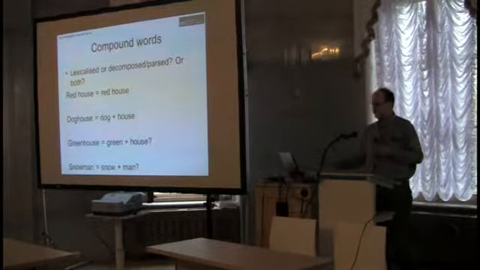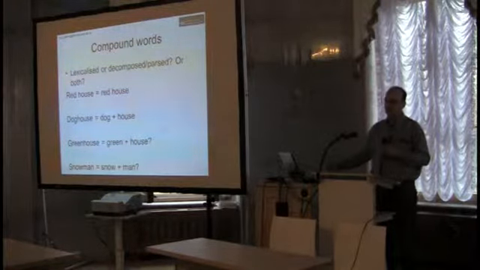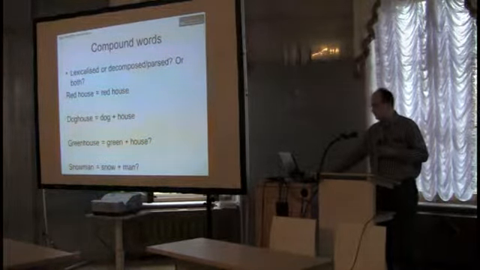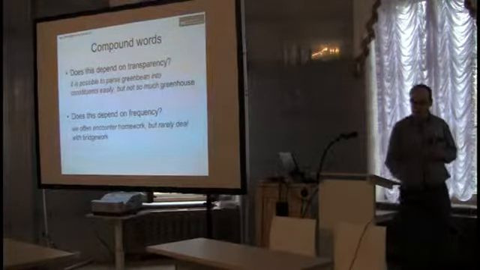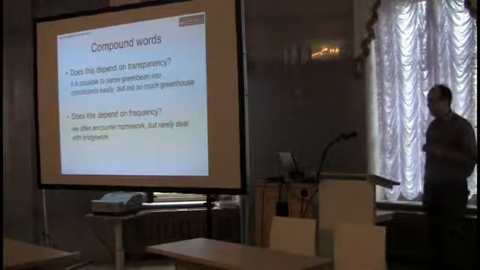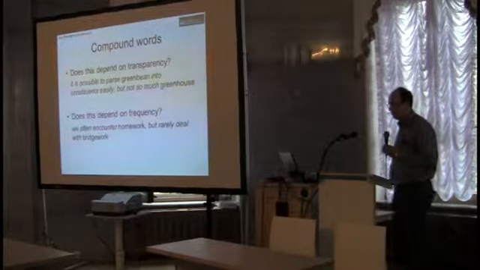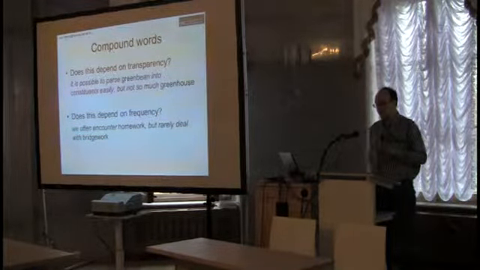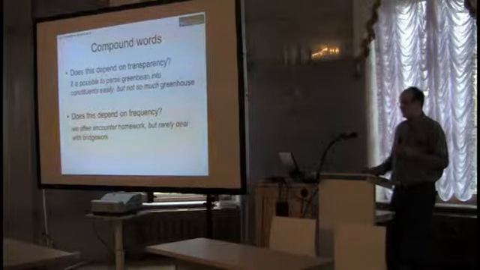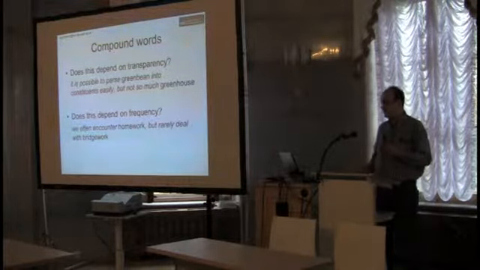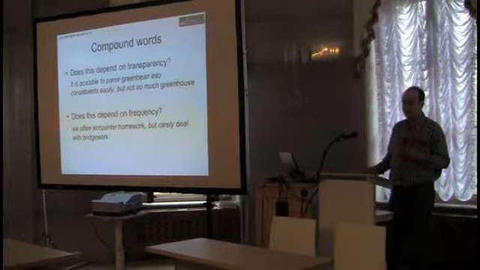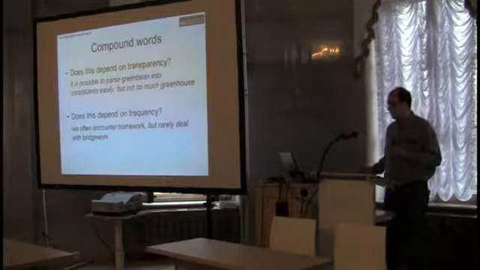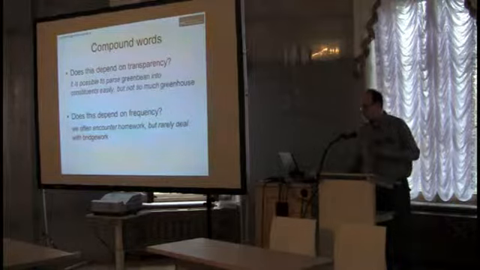Could it be that we're using different routes depending on the exact semantics of these words? So the question is, does the route that you take, decomposition versus whole form storage, depend on transparency? It could be possible that you can parse something like green bean easily because it's a green bean, but you would probably not succeed with greenhouse.